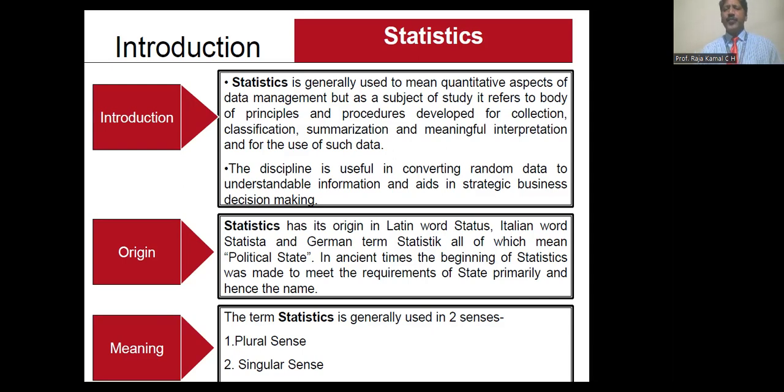This is the origin of statistics, because in olden days statistics was used to fulfill the requirements of the state, for example nationwide to collect the census. That is why it was named after the political state.